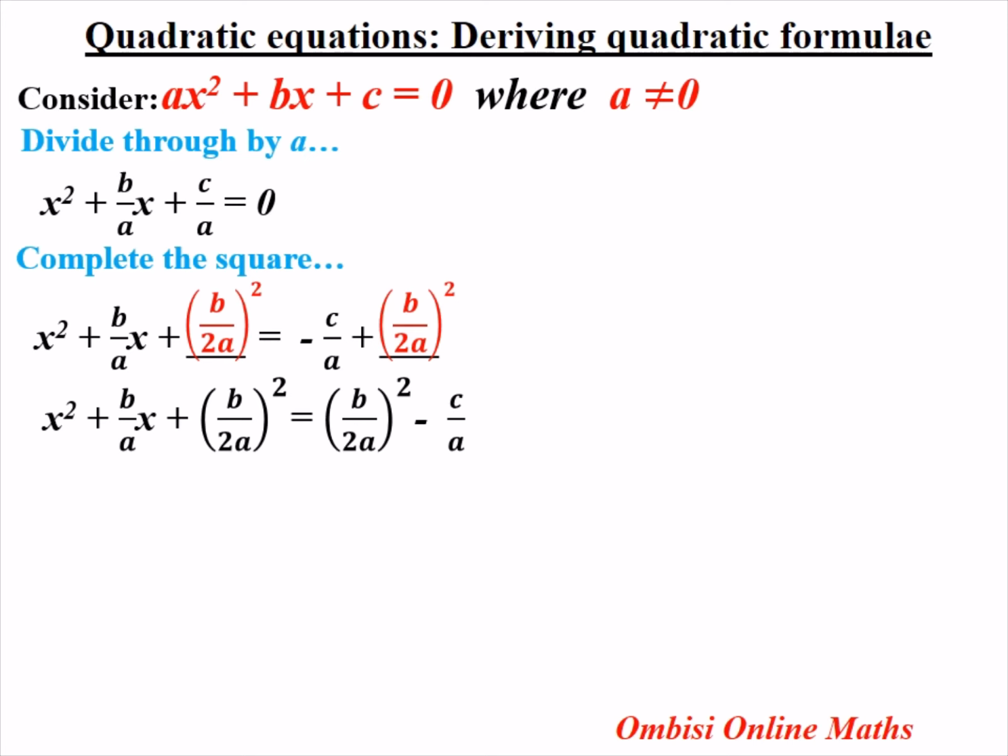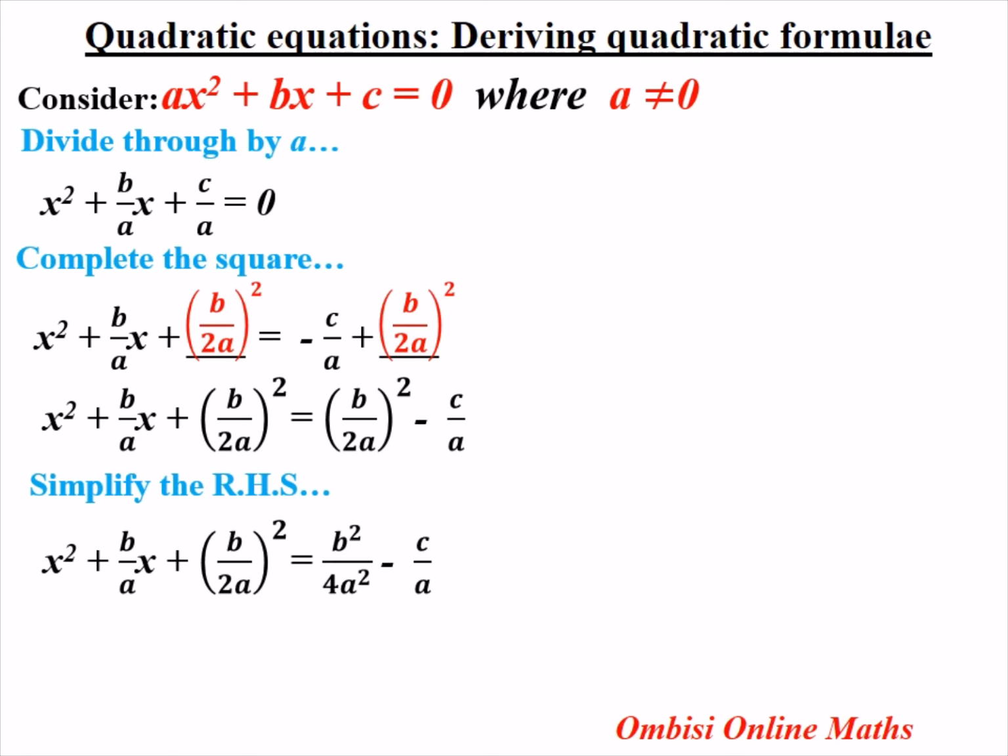Now, concentrating on the right hand side, b over 2a squared is the same as b squared over 4a squared, then minus c over a.